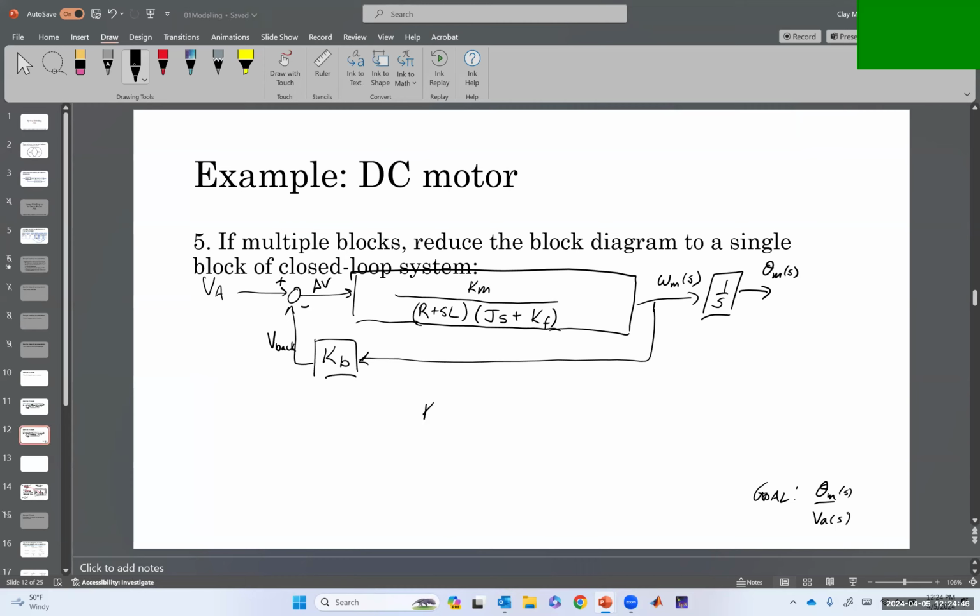We get forward path, for 1 plus forward path, that same thing, times feedback. And so that replaces all of this.